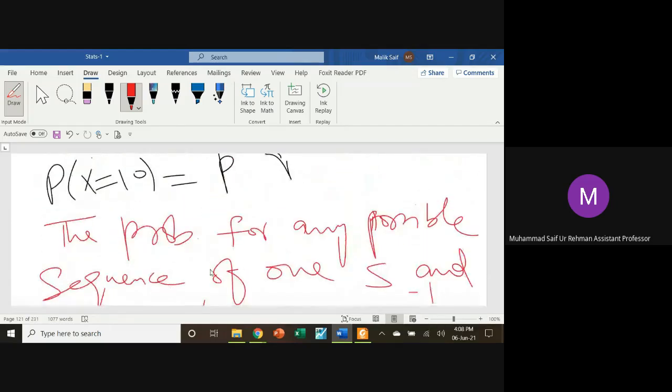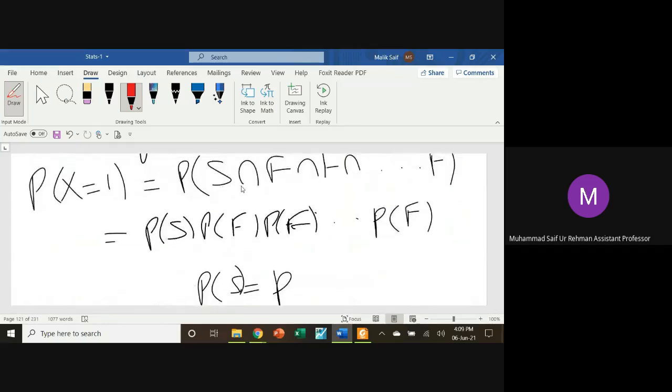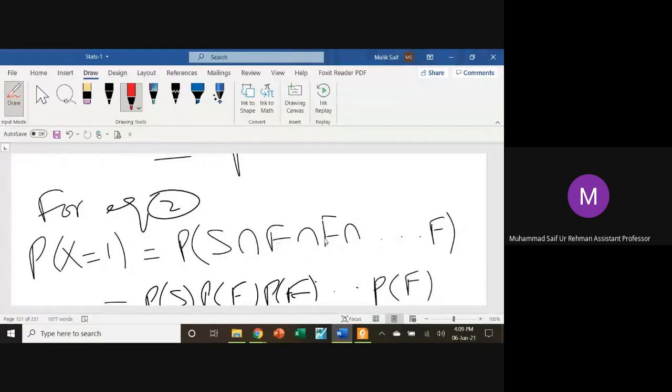And what we mean by this, any possible sequence, is that you may write down S intersection F, or you may write down F intersection S intersection F. It means the first time success was there, then failure was there for the remaining trials. Or it is quite possible that the first time it was failure, the second time success, and then failure again up to n. Or for all terms there were failures, but for the last term there was success.